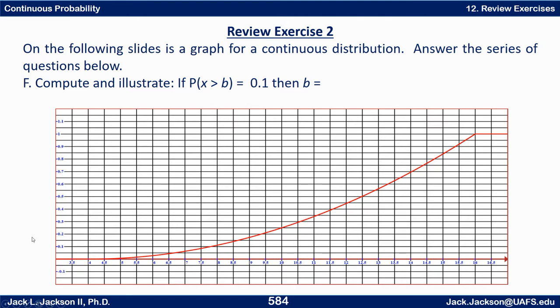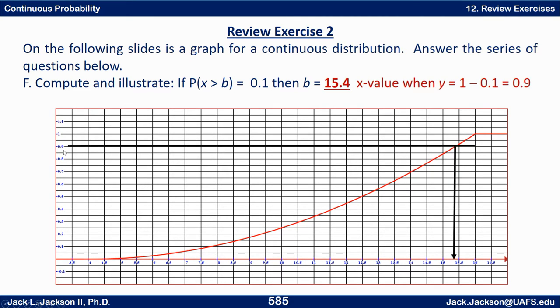How about this one? The probability that x is greater than b is 0.1. Then what's b? Well, this is similar to the last one, except this time the 0.1 is the probability to the right. So if we take from y equals 1 down, it's 0.1. So from the x-axis up, that's 0.9, 1 minus 0.1. So the y value we're looking for is 0.9.